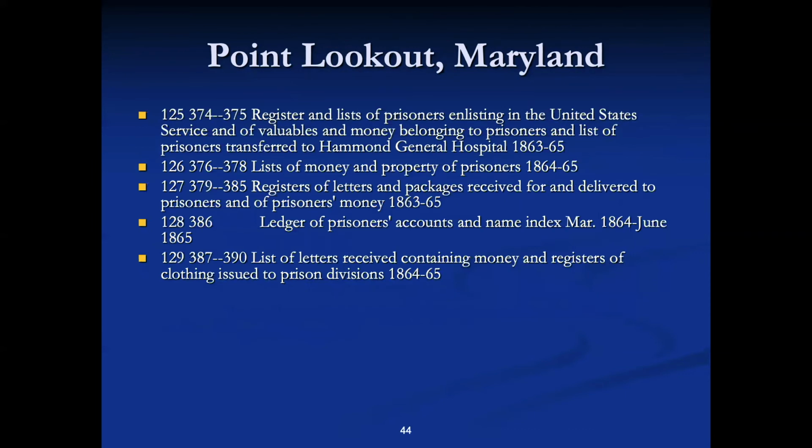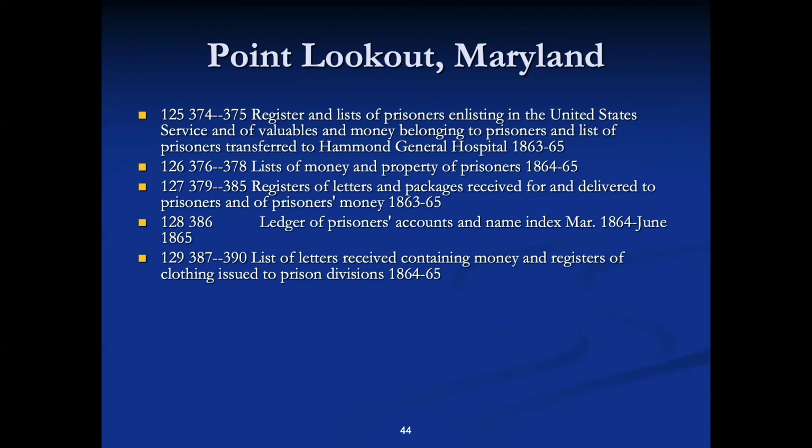There also are registers and lists of prisoners enlisted in the United States service, and of valuables and money belonging to prisoners, and list of prisoners transferred, again, to Hammond General Hospital. List of money and property of prisoners. This is where Sam's money was. Registers of letters and packages received for and delivered to prisoners.